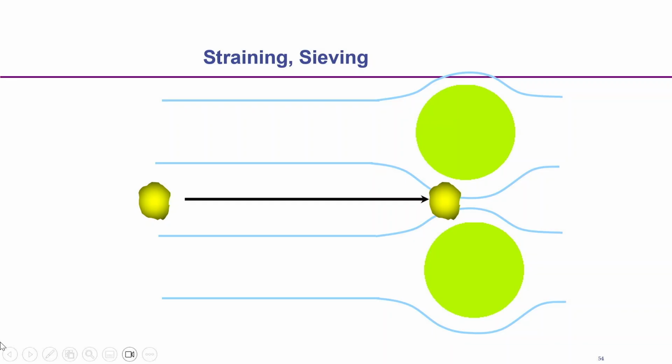Now, one is the sieving process. Basically, straining and sieving is not filtration. It is only stopping the large particles larger than the pore size, and we do not need any filtration mechanism.